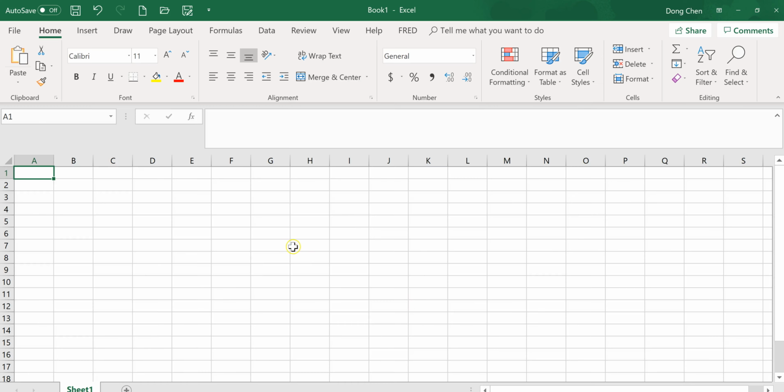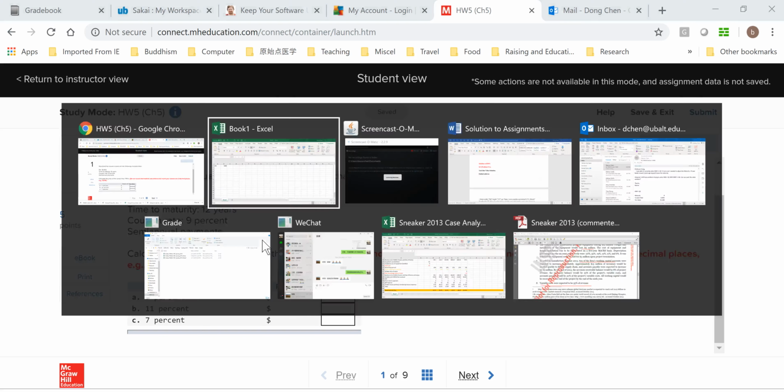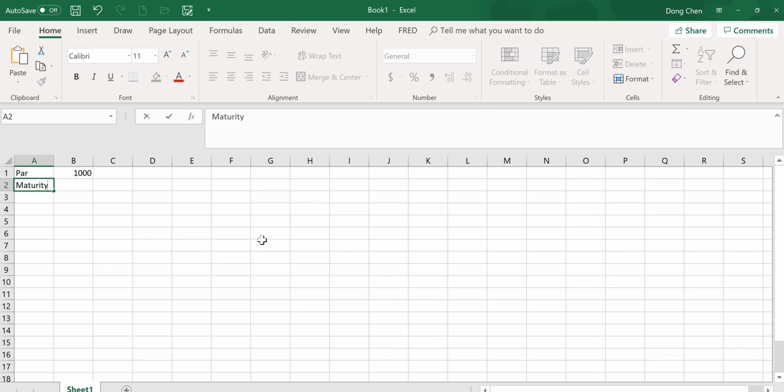So I prefer to use Excel to calculate this, as I will show you the reason later. So the par is 1,000 and maturity is 12 years.